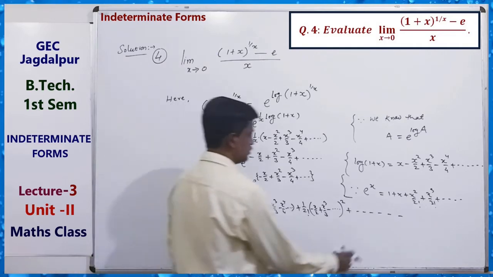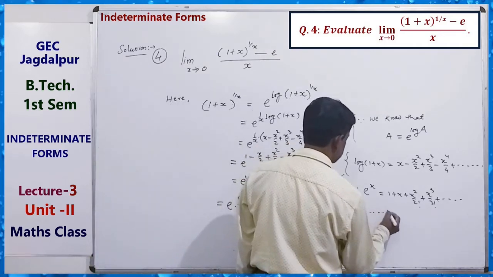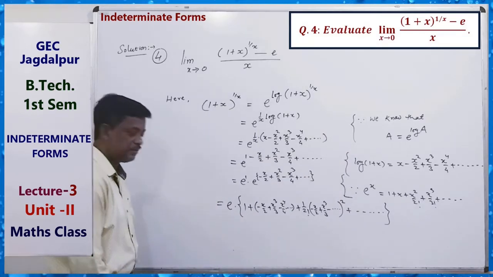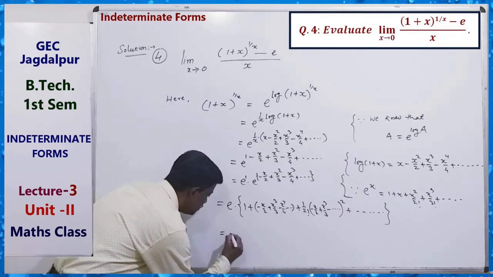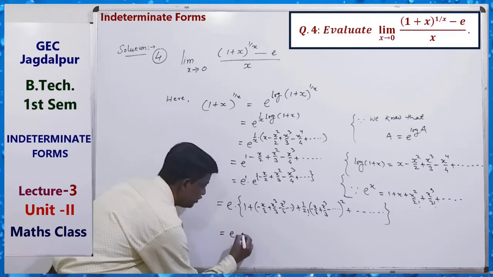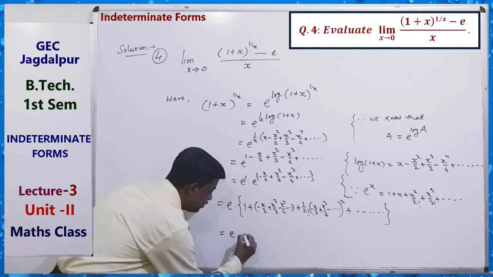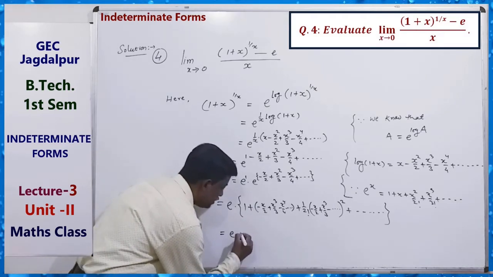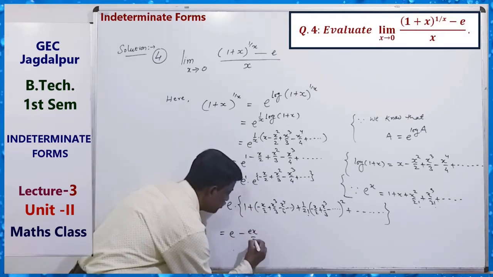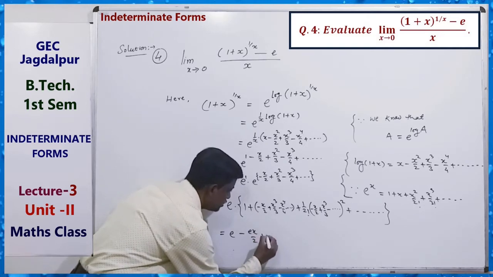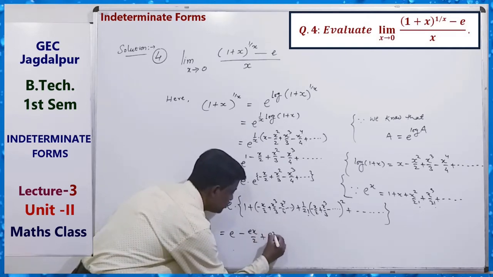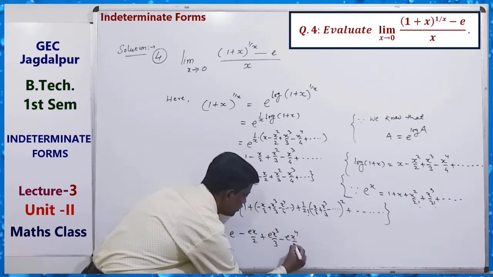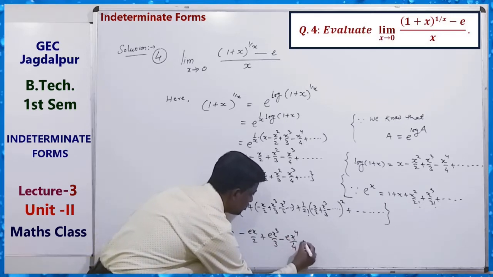Clear? So here we can write this equals e multiplied by 1, and minus e x by 2 plus e x square by 3 minus e x cube by 4.